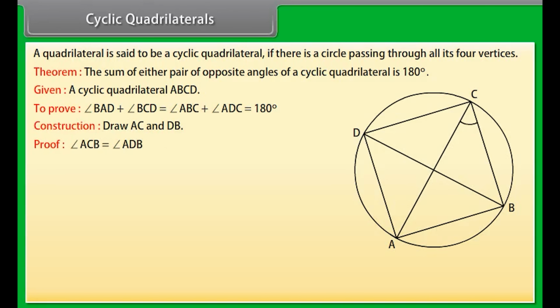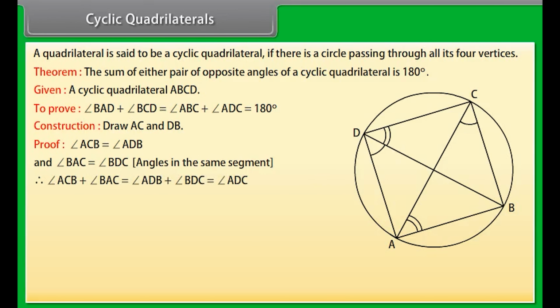Proof: Angle ACB is equal to angle ADB and angle BAC is equal to angle BDC, because these are the angles in the same segment. Therefore, angle ACB plus angle BAC is equal to angle ADB plus angle BDC, which equals angle ADC.